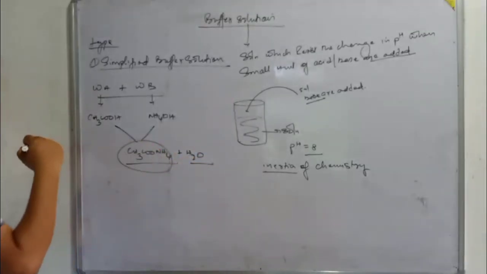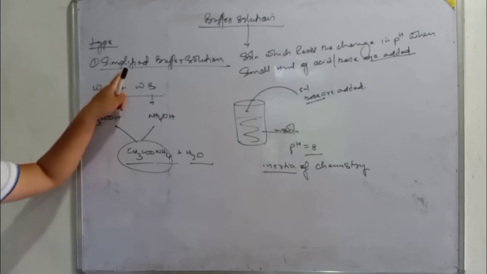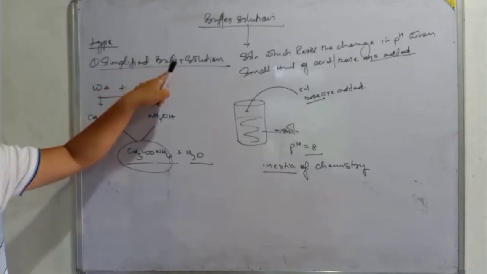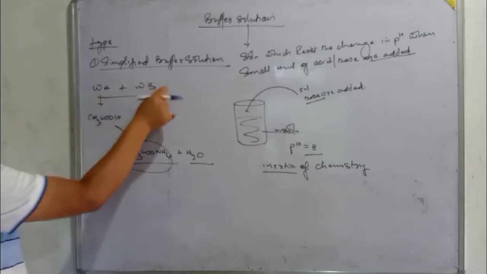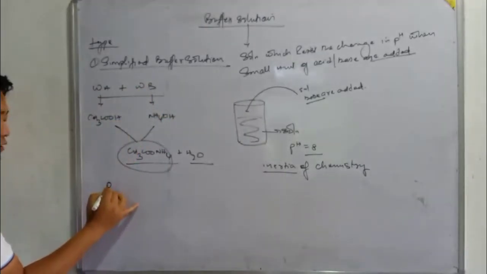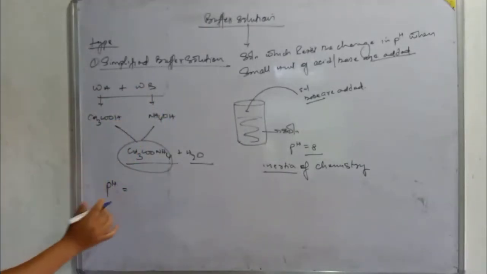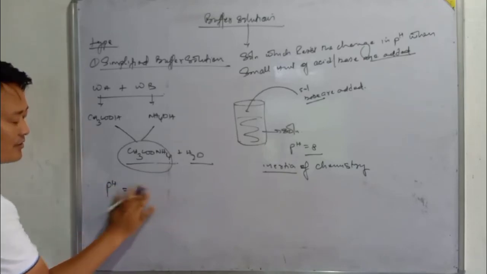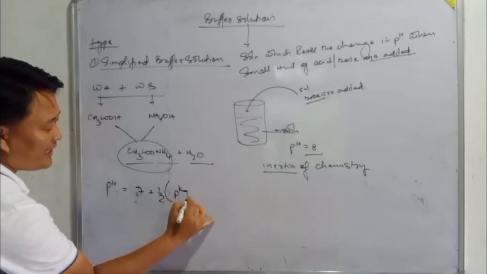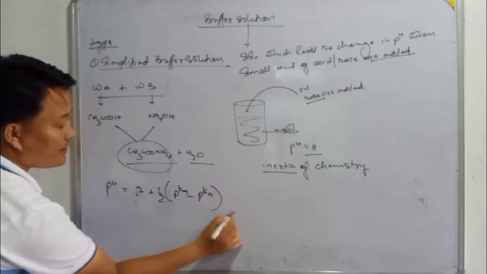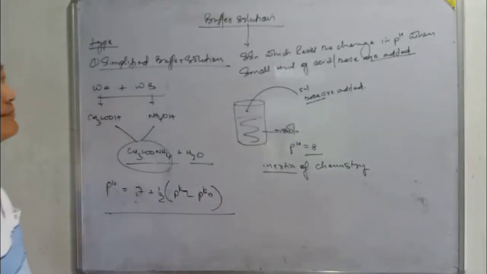Now see, this type of solution is called a simplified buffer. And for the weak acid and weak base, how much is the pH value we have got? Yesterday we have seen it was 7 plus half pKa minus pKb. Okay. Write down.